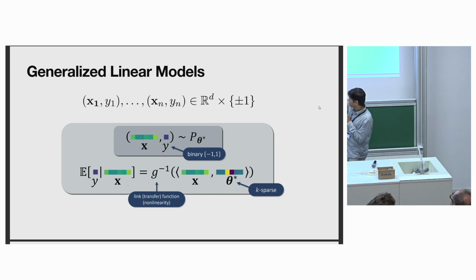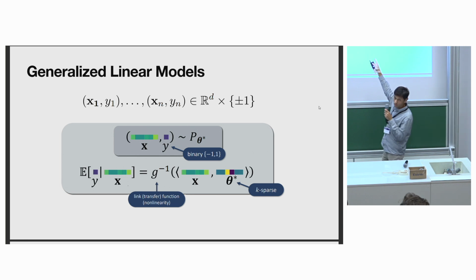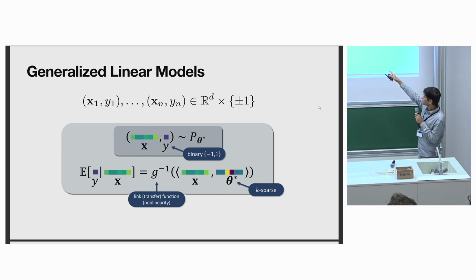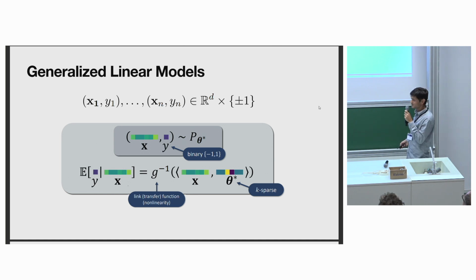So the expectation of y given x, which is a d-dimensional vector, where y is just a scalar, is linked with the linear projection of x onto some ground truth vector theta star. This is what is called the link function, G inverse. This is essentially the nonlinearity. So it's a slight generalization of linear models. That's why it's called generalized linear models.